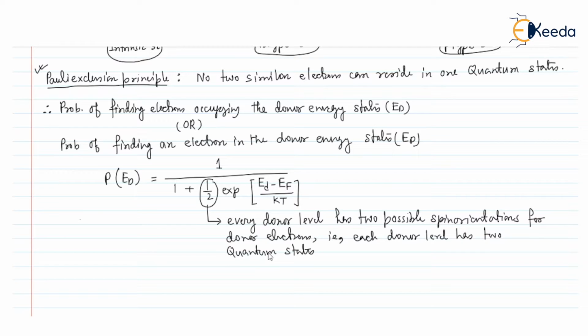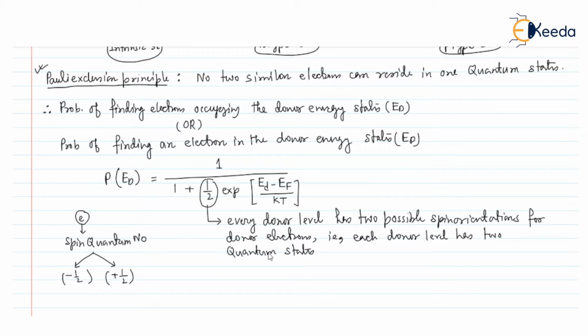As we know, the electron spin quantum number is of two different types, minus half spin and plus half spin. That's why we have written every donor energy level as having two possible spin orientations, plus half and minus half, for donor electrons. That's why each donor level has two quantum states.